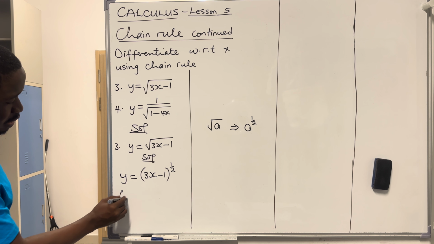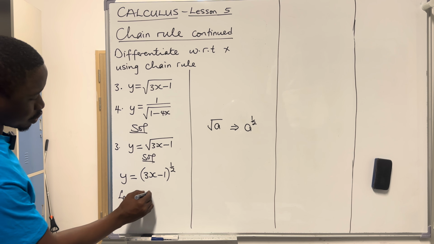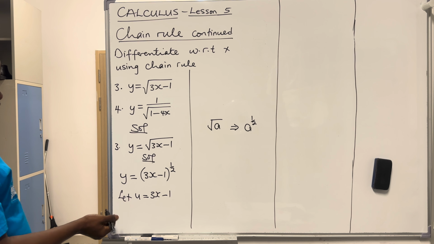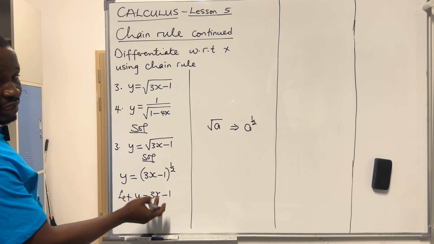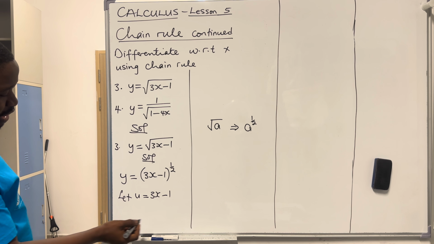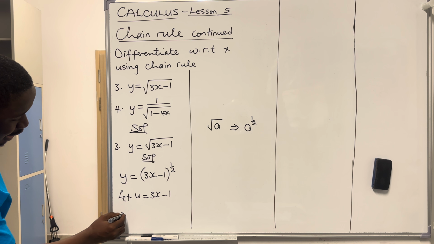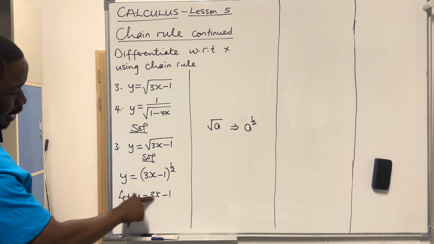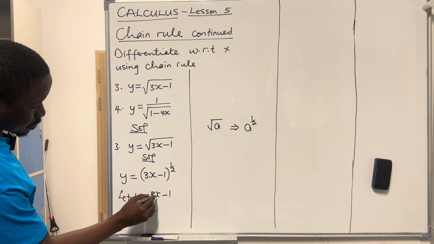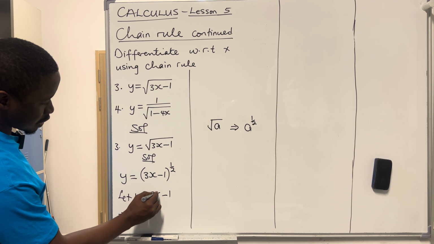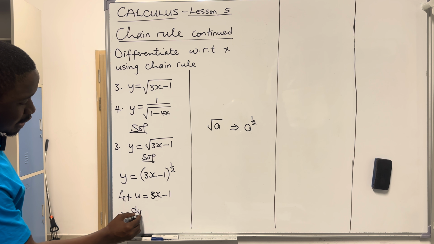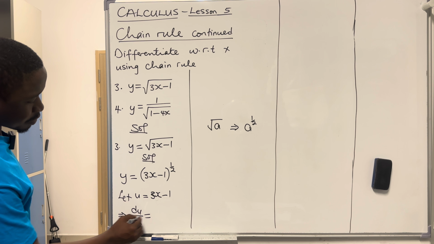So we say let u equal 3x minus 1. If u equals 3x minus 1, what does that mean? This implies if we differentiate u with respect to x, so we say du dx.